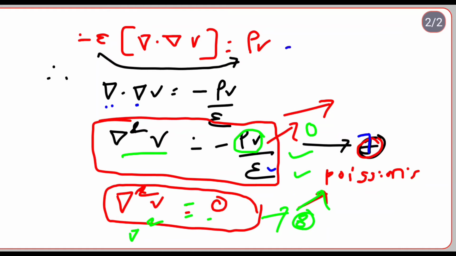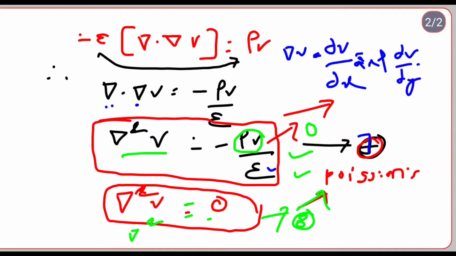Suppose del V, you can write as dou V by dou x ax, where ax is the unit vector, plus dou V by dou y ay plus dou V by dou z az, in all x, y, z directions. The del square V operation can be written by multiplying this one.